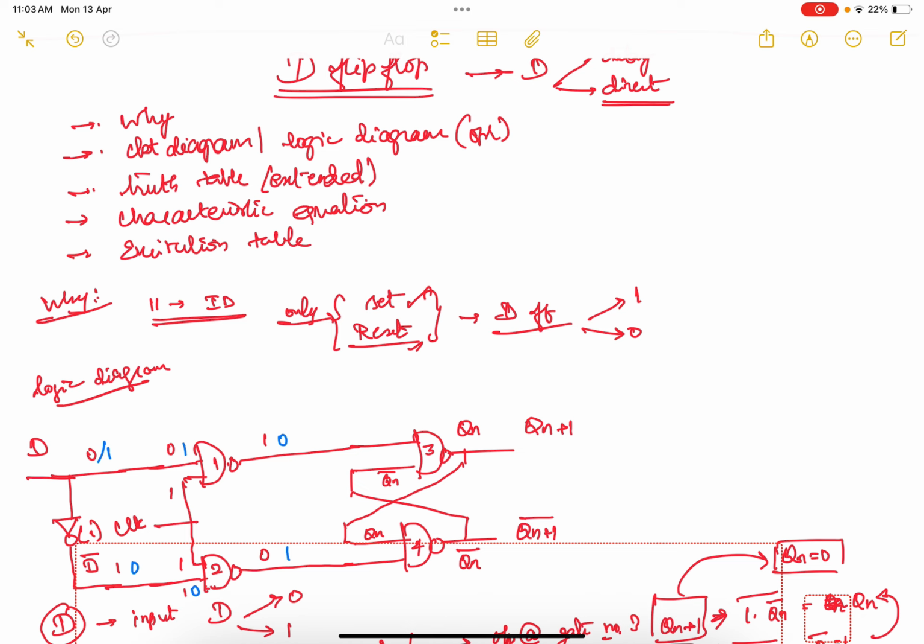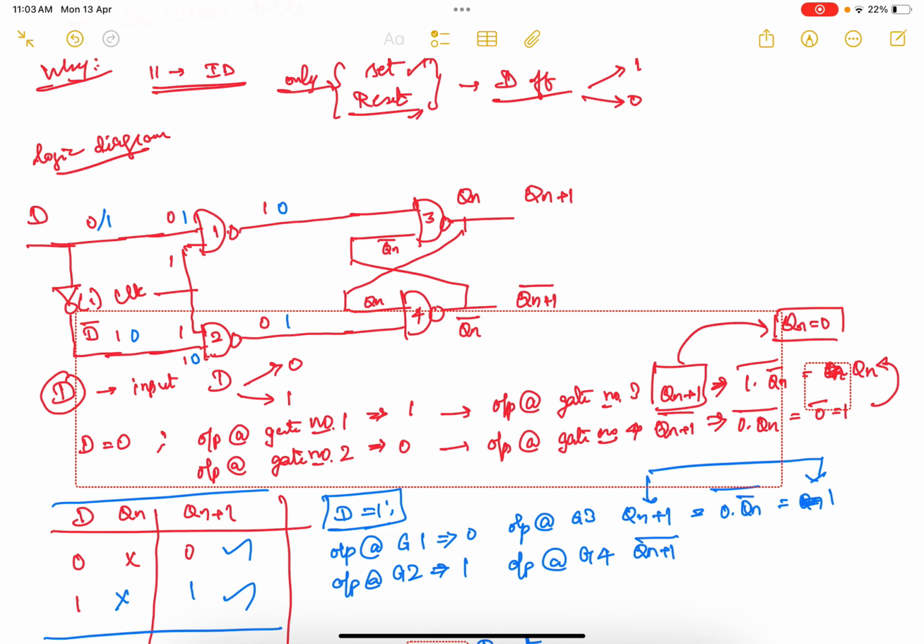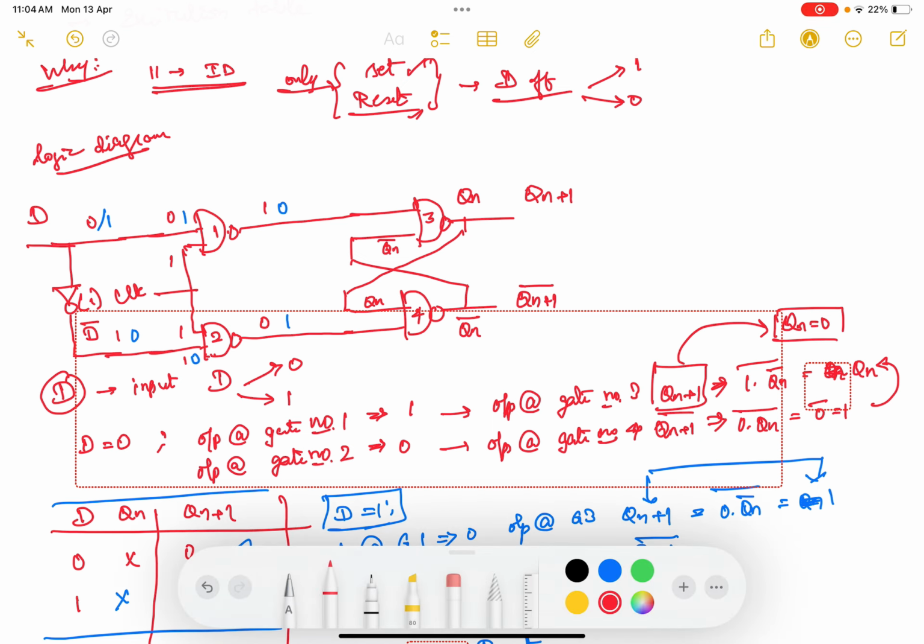Here, the logic diagram of the D flip-flop looks similar to the SR flip-flop. Those who have not seen the SR flip-flop, you can check it. The only difference between the SR flip-flop and the D flip-flop is this point, which I will mark in yellow.